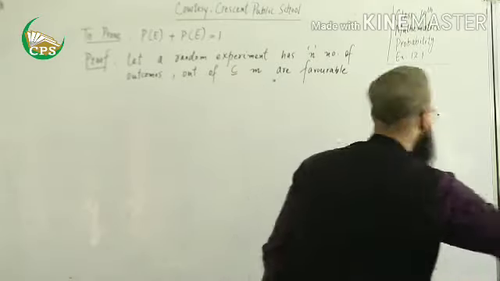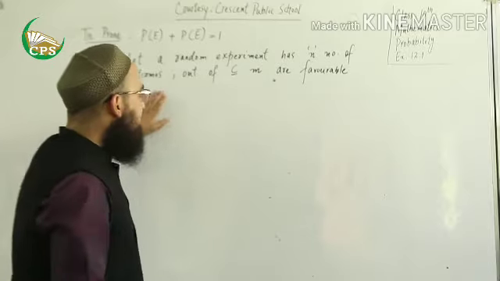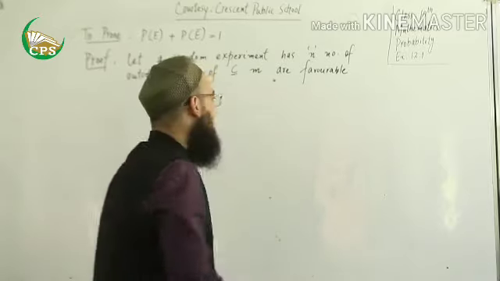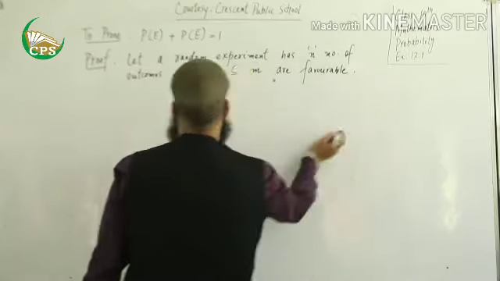Having said that, let a random experiment have n number of outcomes, out of which m are favorable. Therefore, number of not favorable outcomes.